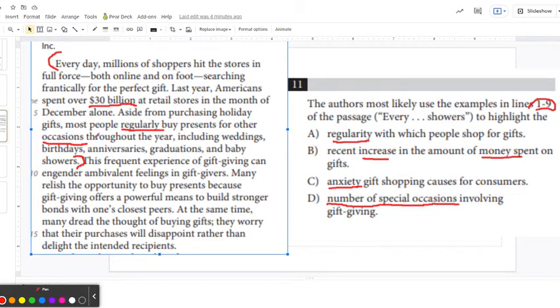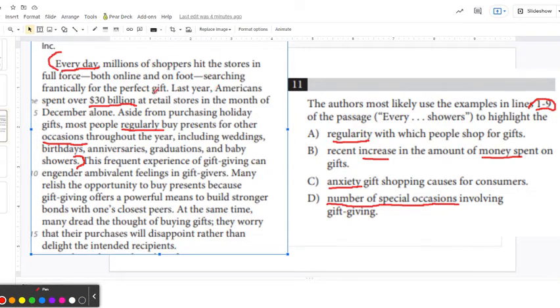Now I'm going to read that, focusing in on those keywords. I don't see anything to do with anxiety in there, scanning. So let's see if it talks about it at all. Every day, millions of shoppers hit the stores in full force, both online and on foot. Well, this every day probably also has to do with regularity.